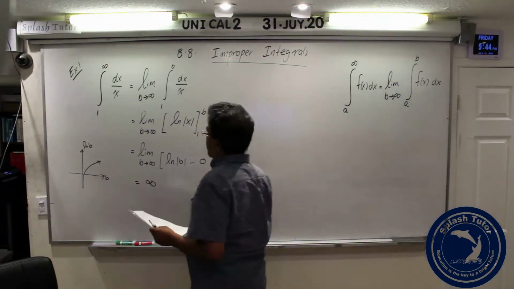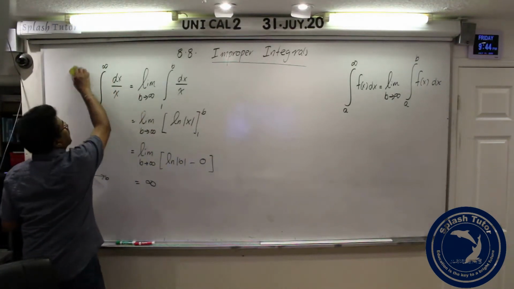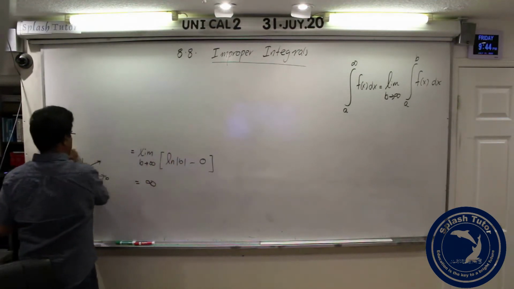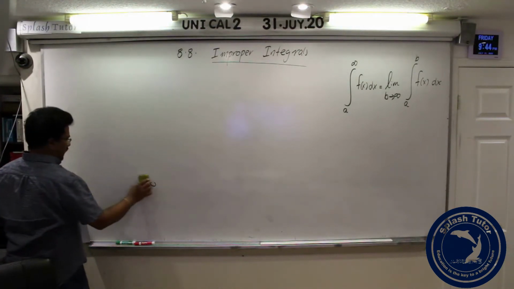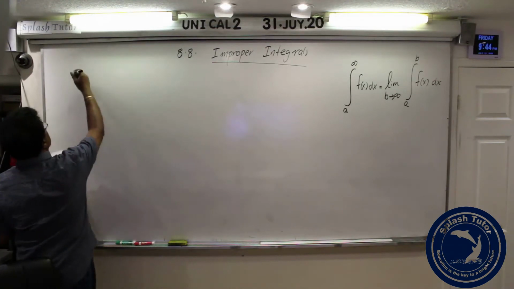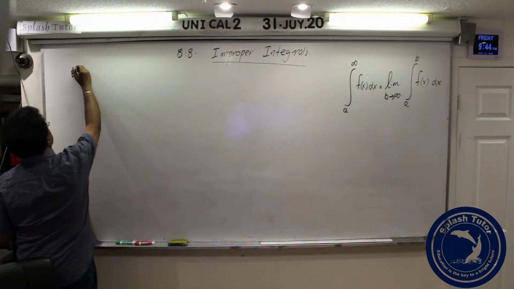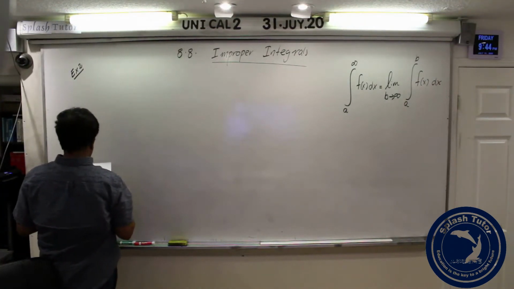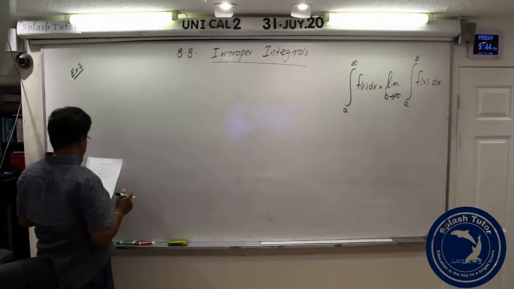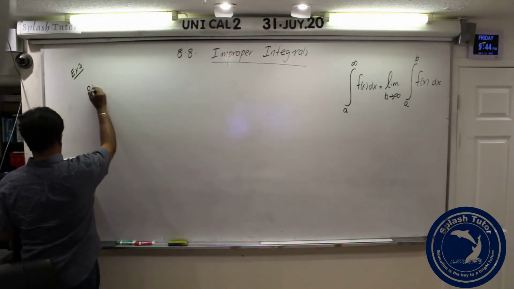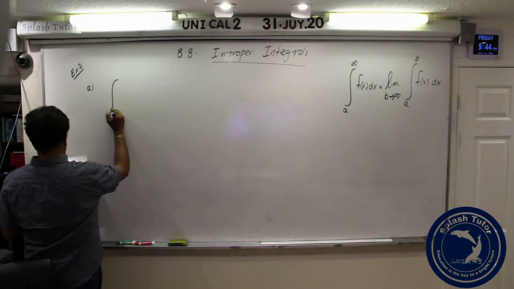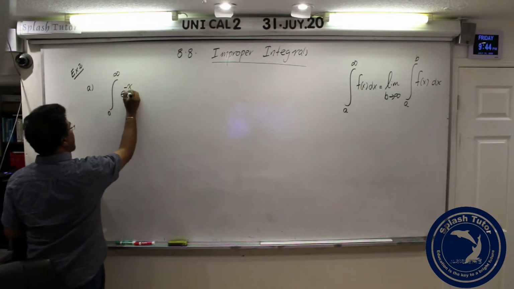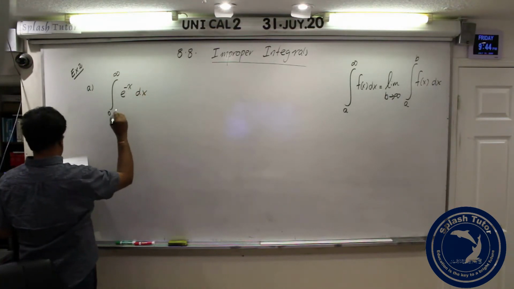Let's try example 2 now. Now we have to integrate for each of the improper integrals, right? The integral from 0 to infinity of e to the power minus x dx, right?